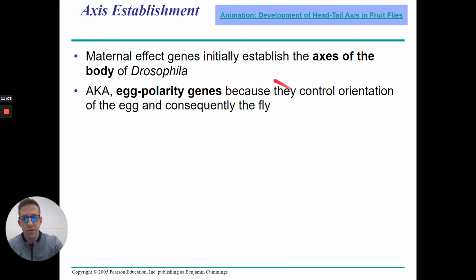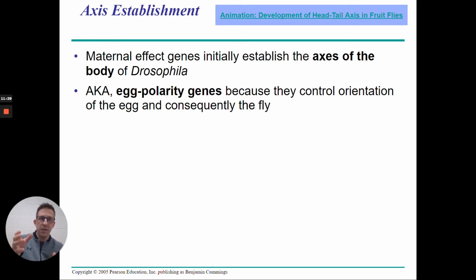Okay, so maternal effect genes are known as egg polarity genes because what they do is they control the orientation of the egg, and if you can control the orientation of the egg, ultimately you're going to control the orientation of the fly after it hatches, right? So that term egg polarity genes, you remember what the term polar means, right? That there's maybe a positive side and a negative side, right?